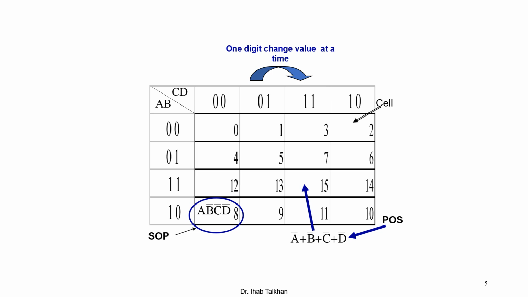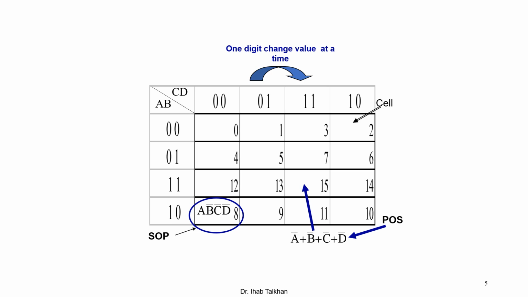If you construct the K-map like that, you go 00, 01, 11, 10 for CD, and for AB you go 00, 01, 11, 10. Why have we exchanged the last column with the one before? In order to meet the rule of one digit changing value at a time. At the same time, the last row and the row before, we also exchange these two together in order to match the rule of one digit changing value at a time.